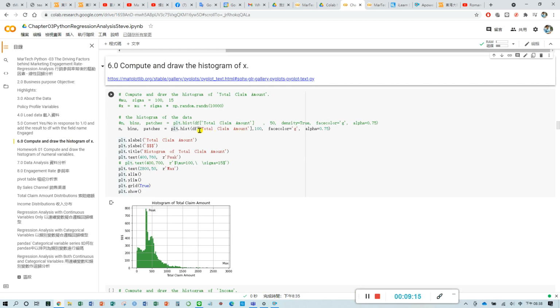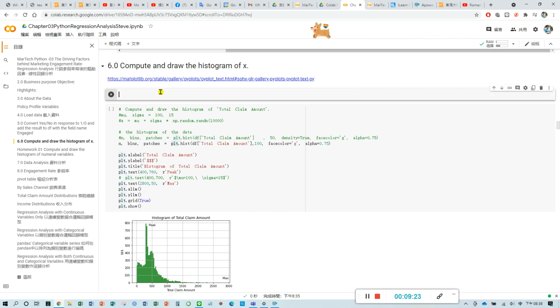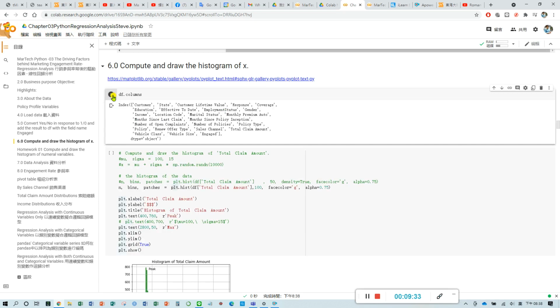Okay, let me show again each variable for you guys. The variable list is df.columns. Okay, so there are all the variable names for our columns.